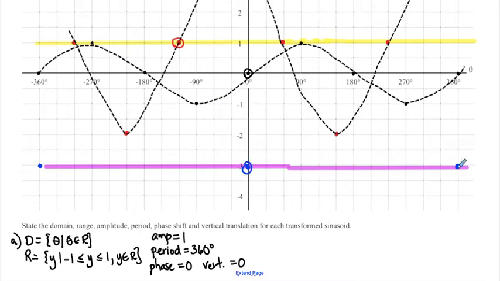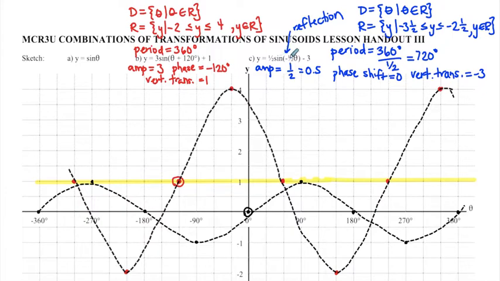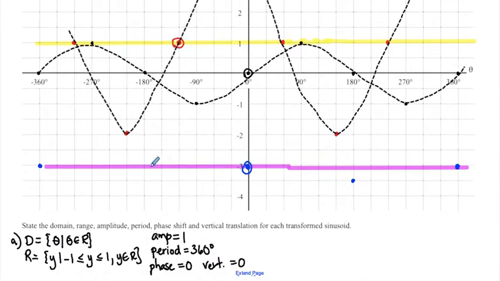I know that halfway between these 2 points is going to be the lowest point of my curve. The lowest point of my amplitude is 1/2, so at -3.5. And I'm going down this time, remember, because of the negative k value. So we have the reflection. Instead of going up, I'm going to go down. And then on the other side, halfway between my 2 points there, I'm going to have the highest point, so it's going to be right there.